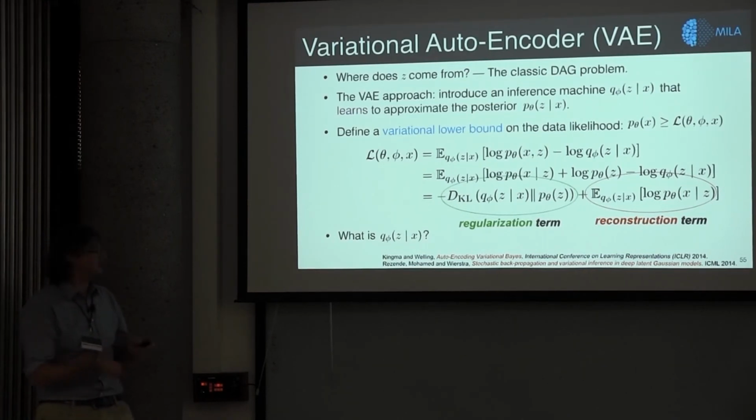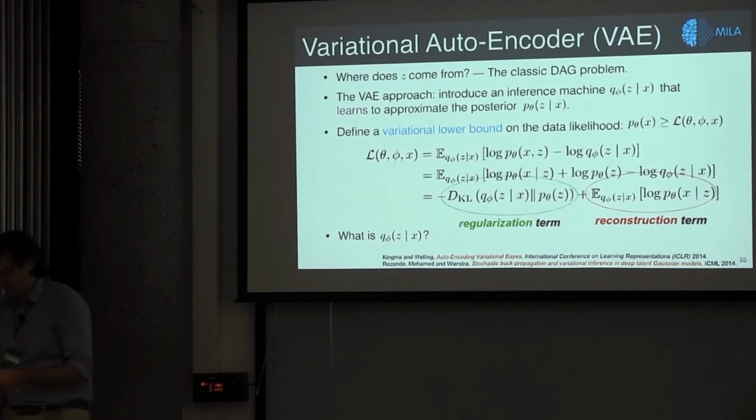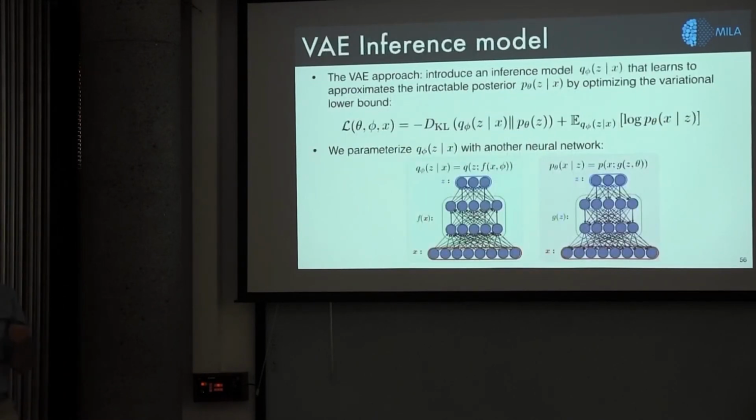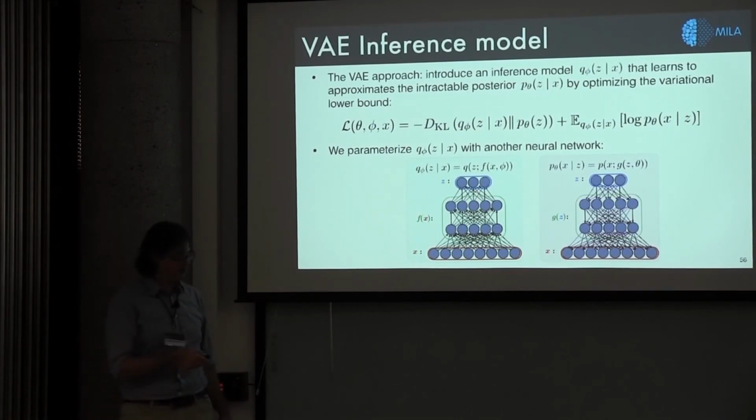So now the question is, the VAE approach is we're going to introduce an inference machine, this Q here, this encoder I've called it, that learns to approximate the posterior through this objective function. And where does this thing come from? What is this inference machine? Well, we're going to imagine it's another neural net, our F neural net here.